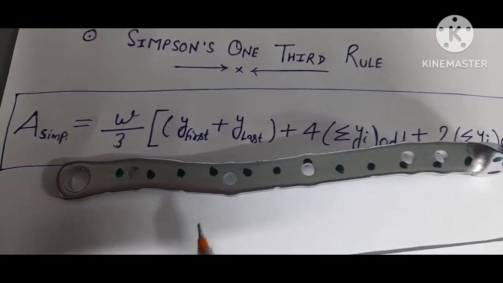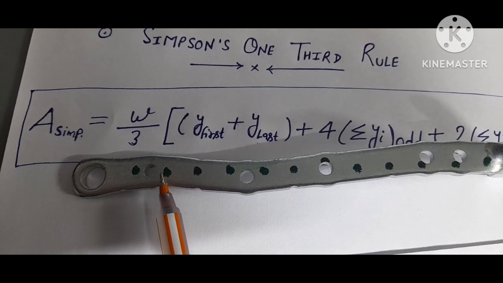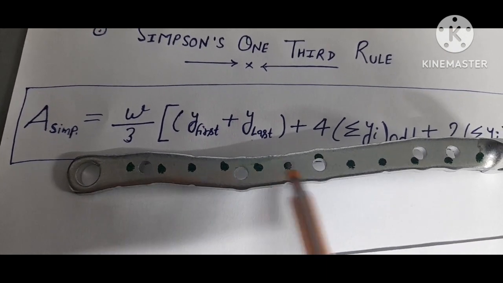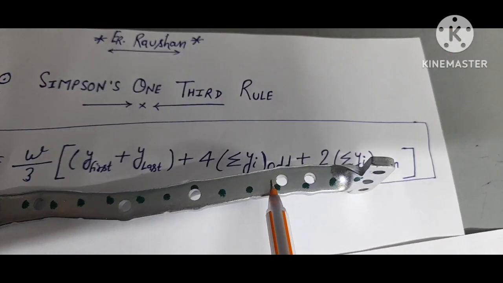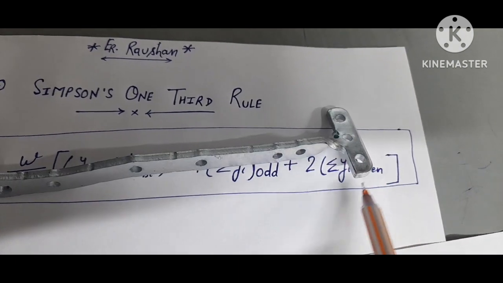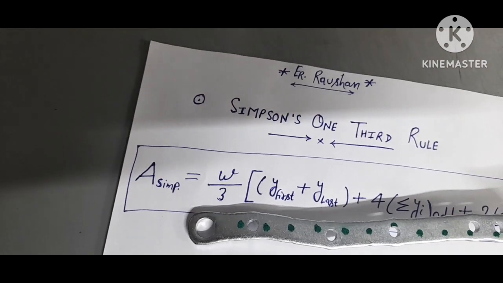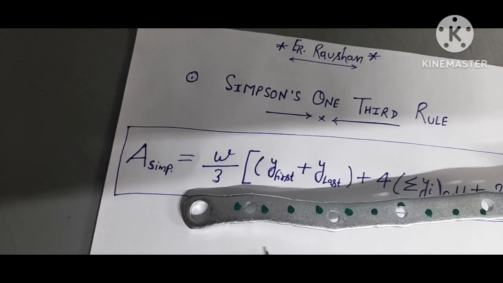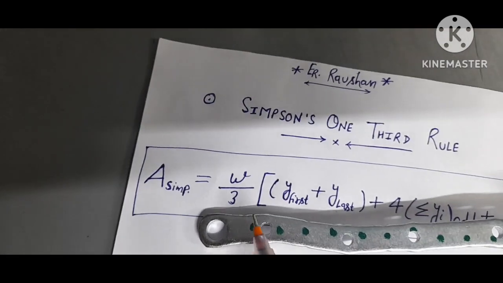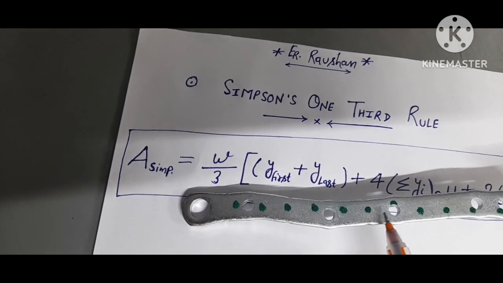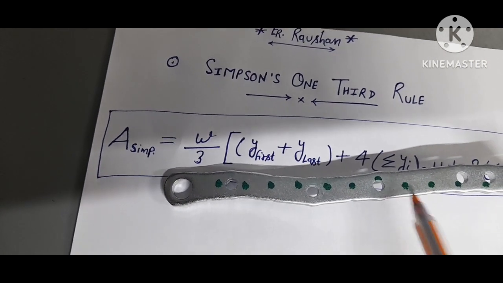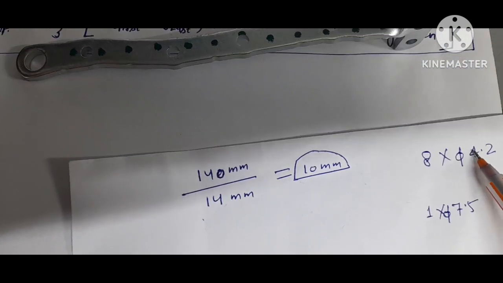And friends, this plate link has 8 holes of 4.2 mm diameter: 1, 2, 3, 4, 5, 6, 7 and 8. And one hole is bigger. This hole is 7.5 mm, and the small holes have a diameter of 4.2 mm.